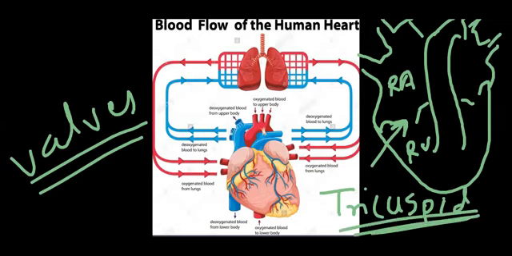Tricuspid valve, the valve present between the right atrium and right ventricle. Children, you know what is the role of these valves? These valves prevent the backflow of the blood.